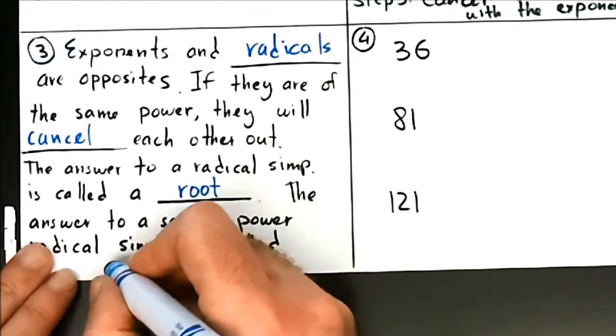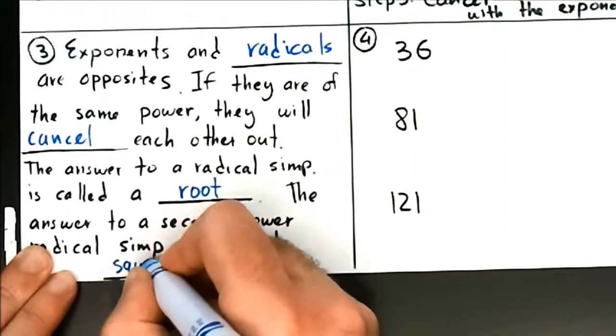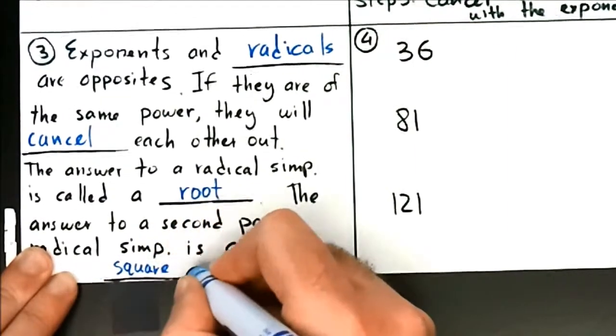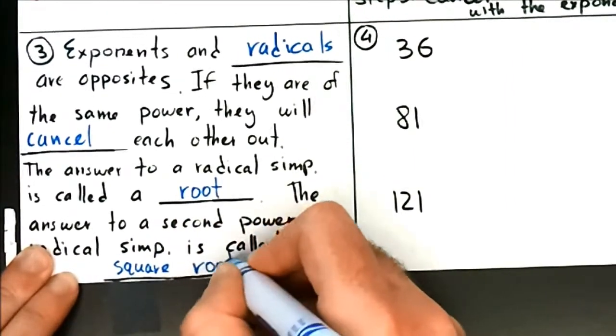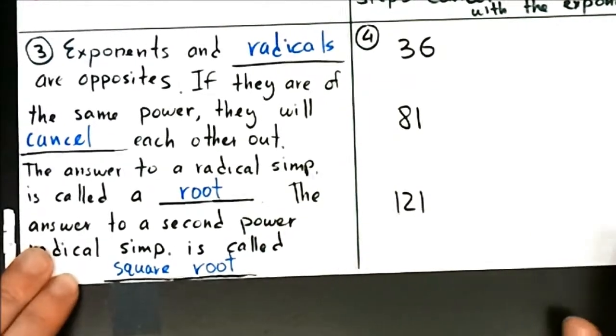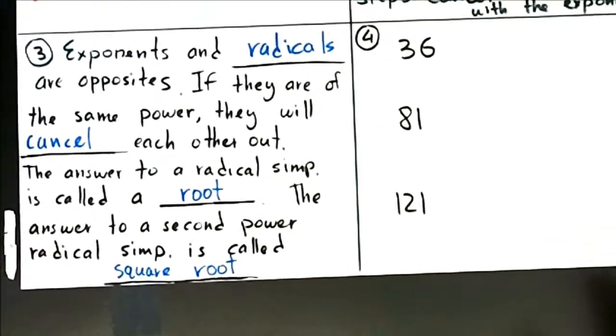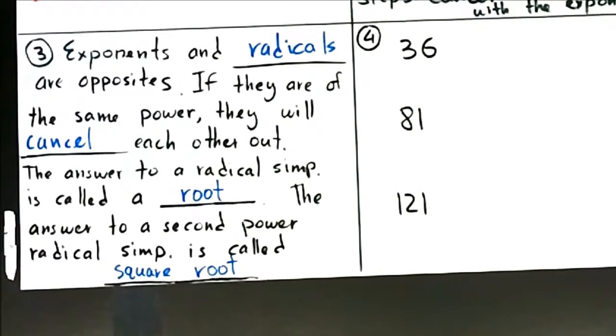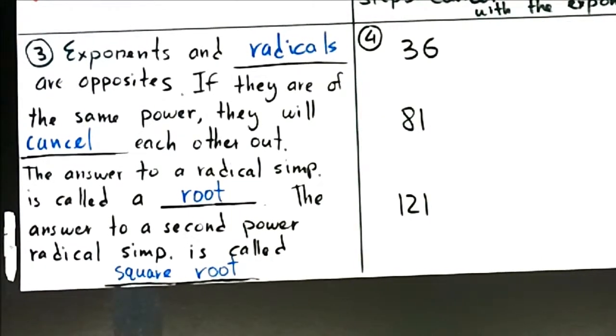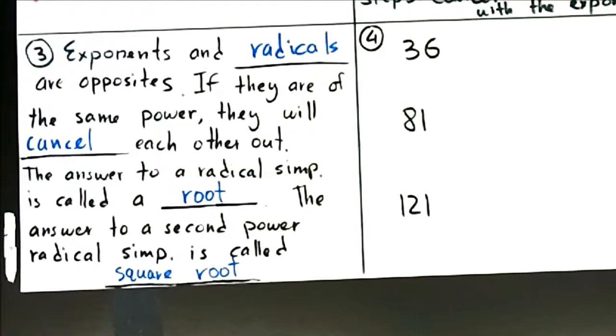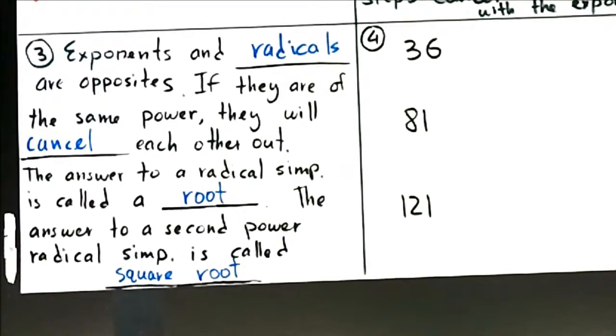We call these square roots. So a square root is just like any other root, but it's specifically an answer to a second power radical. So if someone asks you what a square root is, they're asking you to find the answer to that problem when you put it under a second power radical.